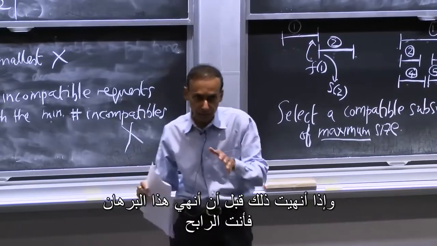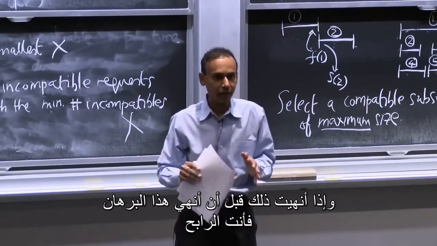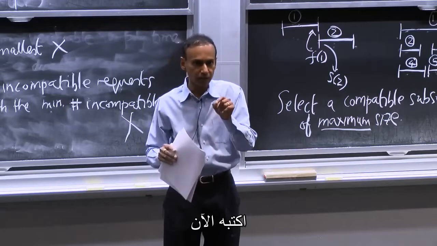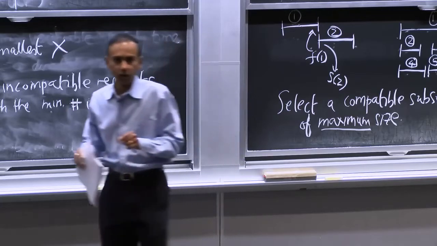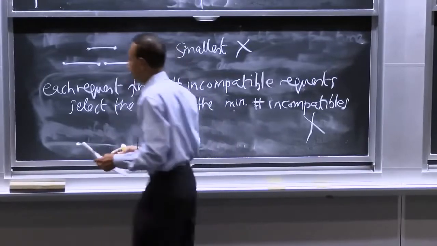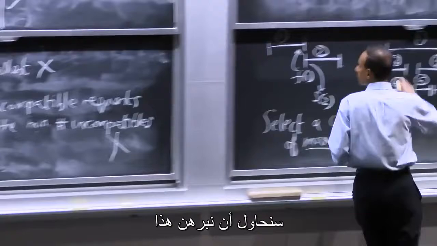And if you get that before I finish my proof, right, you win. Okay? So I would write it down, right? Just write it down, right? So good. All right, so this is a contest now. Okay? All right, so we're going to try and prove this.